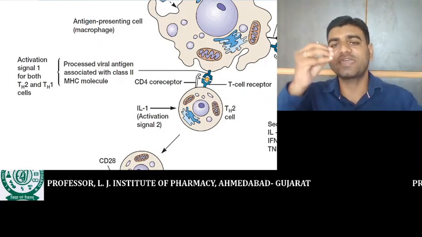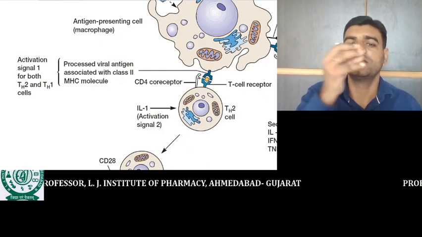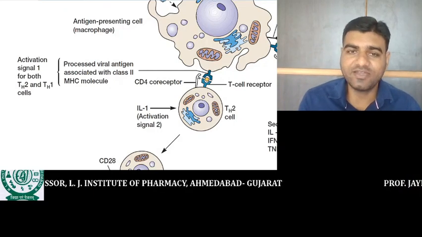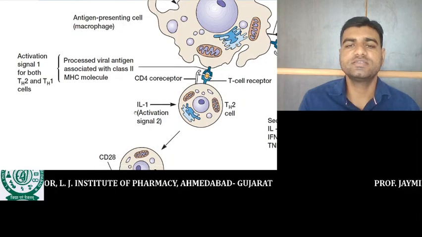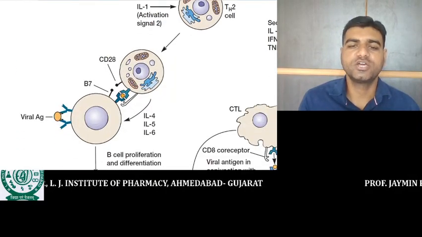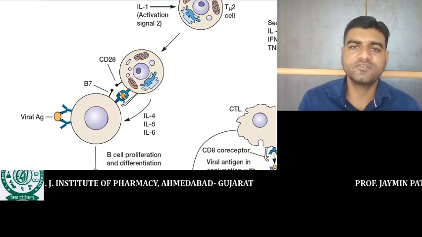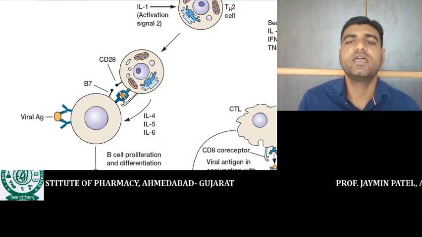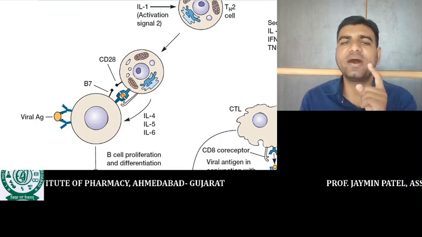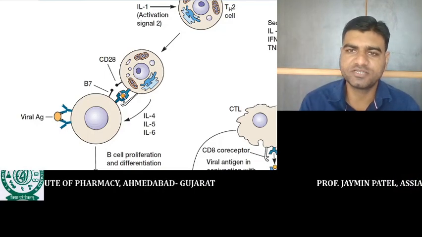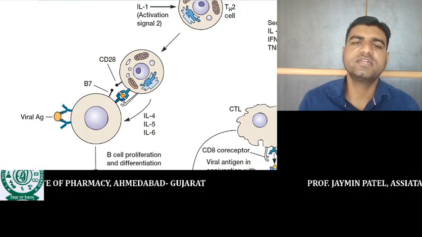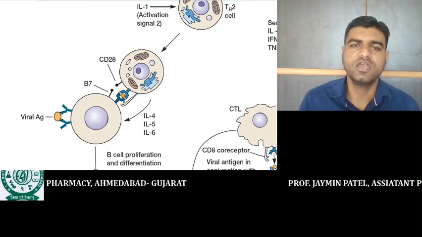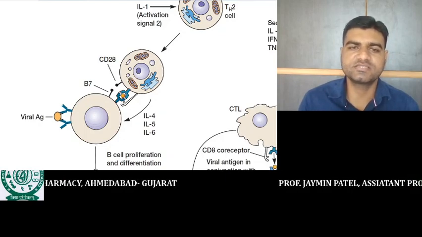This T cell receptor will carry the antigen. Now this activated Th2 cell connects to the B cell, again by two receptor combinations. The first is the T cell receptor and the B cell receptor. The T cell receptor possesses the antigen, so the T cell receptor and B cell receptor are connected to each other.